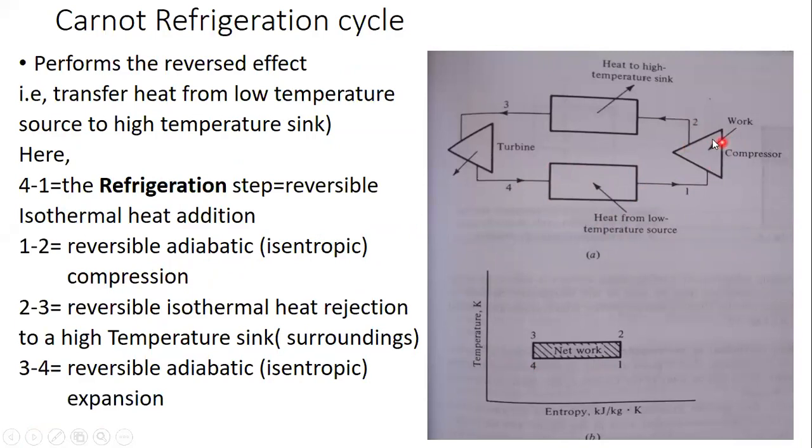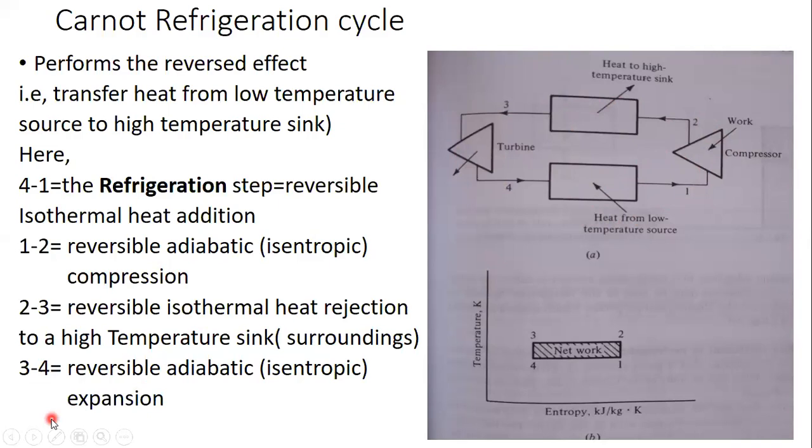Then immediately followed by an adiabatic process, meaning there should not be any heat loss or heat gain during this compression process, which will be a very fast process. So immediately after a very slow process, we should carry out a very fast process, then again followed by an isothermal or very slow process, again followed by a very fast process.